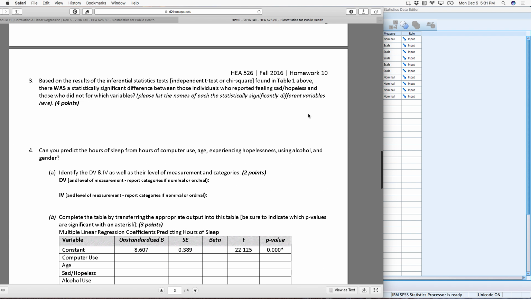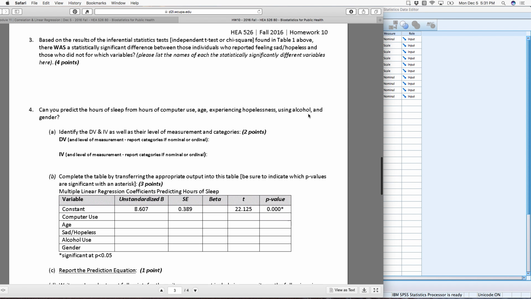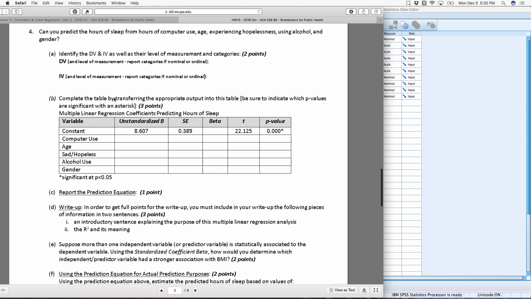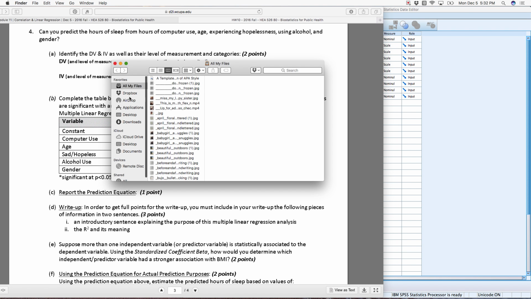We're not going to do that now either. And then you just have to report which were significantly different between sad or hopeless status, yes or no. And then part number 4 is what we're going to do now, so that you don't really totally hate me 100%.